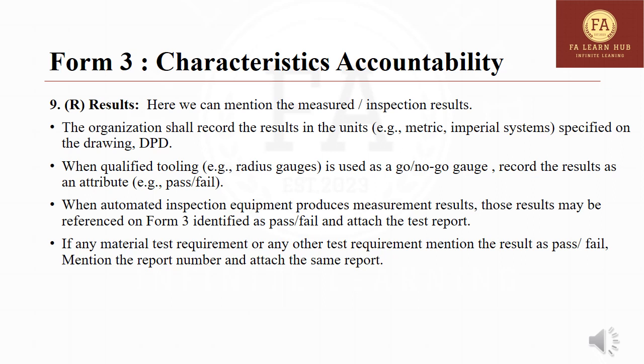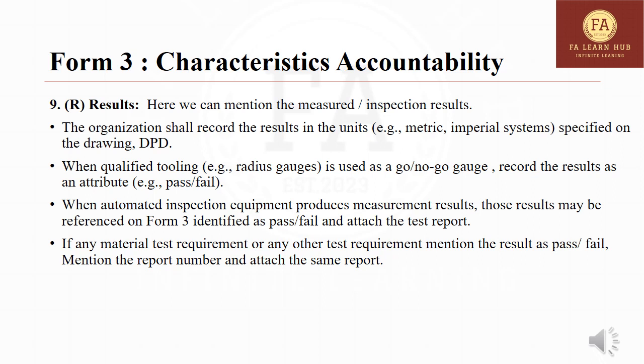If the drawing calls a dimension in inches, we can measure the dimension in inches and we have to record it in inches. When qualified tooling is used as a go/no-go gauge to identify the required characteristics, record the results as pass or fail.